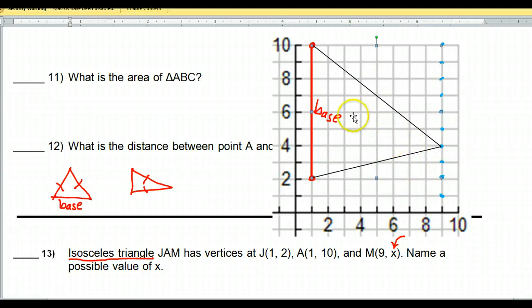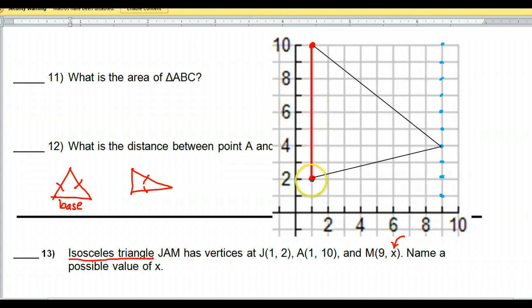So the idea is, if I want these two sides to be congruent, this final vertex should be right on the axis of symmetry. In other words, it should be right in the middle of the triangle. So look, all we really need to know is what is the midpoint of this base. That will tell us where the axis of symmetry is.